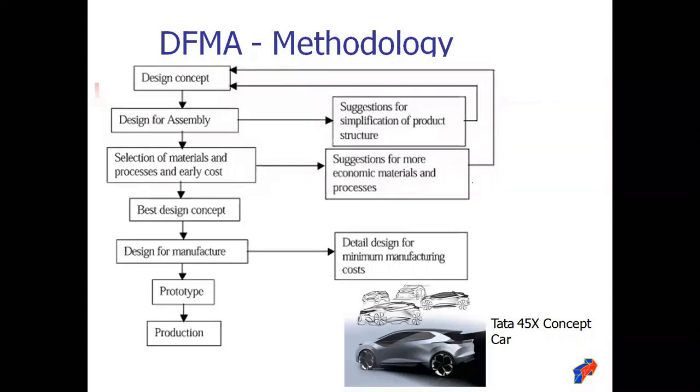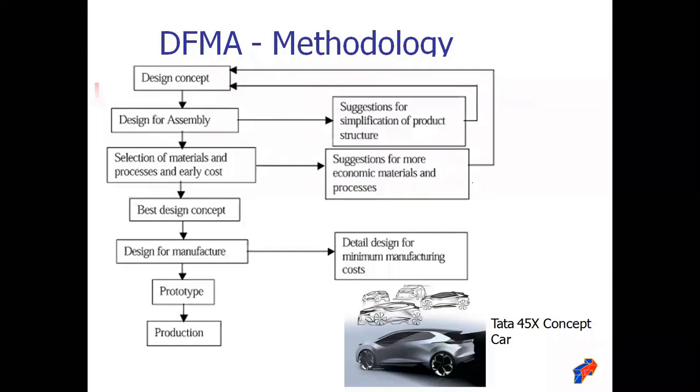Then it is analyzed whether the material you have selected is economical and whether it also satisfies the product's performance criteria. So based on the above analysis, you come up with the best and optimized design concept. That is the fourth step, best design concept.